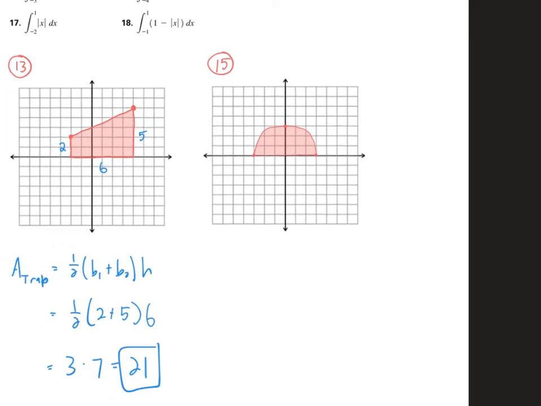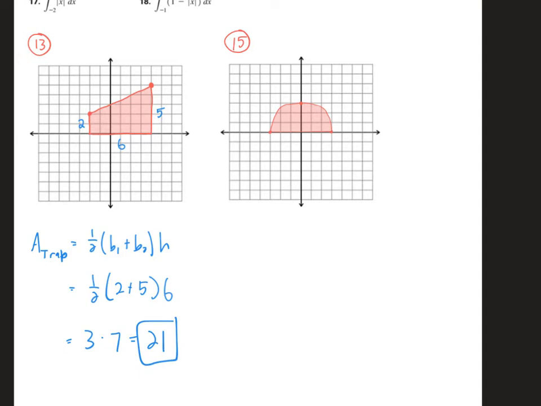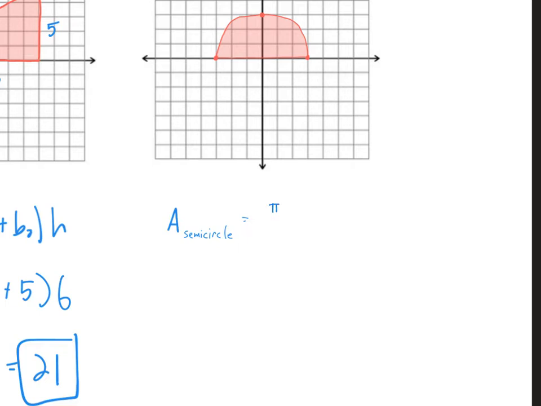So for this one, r squared, that would be the full circle, so divide by 2 for the semicircle.